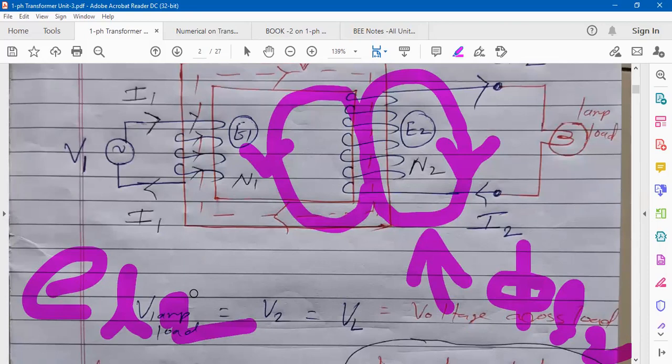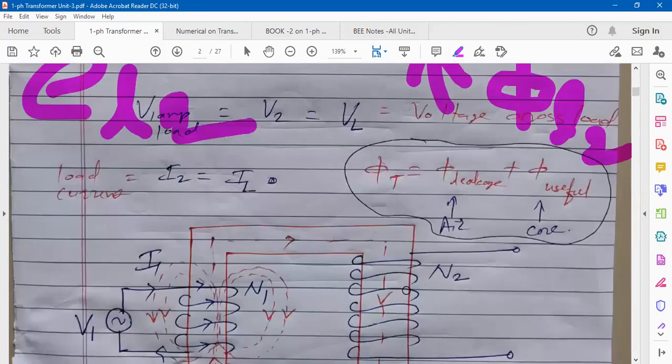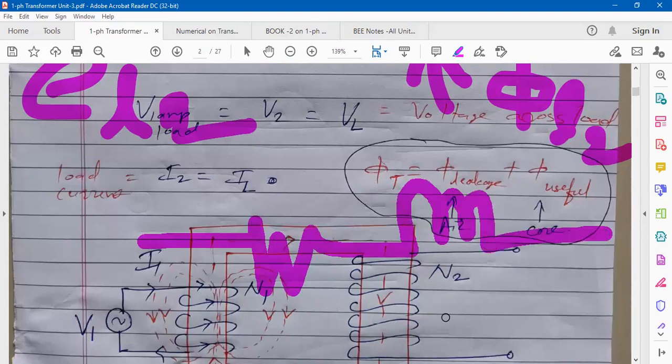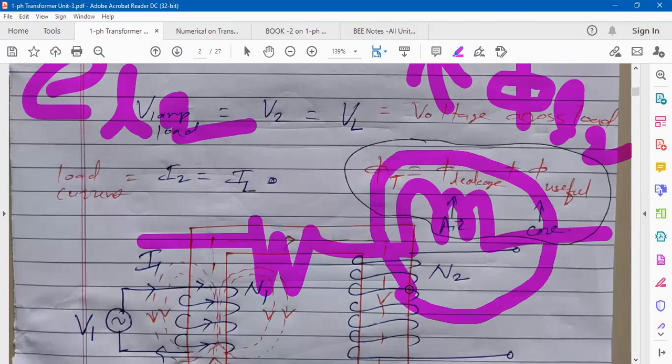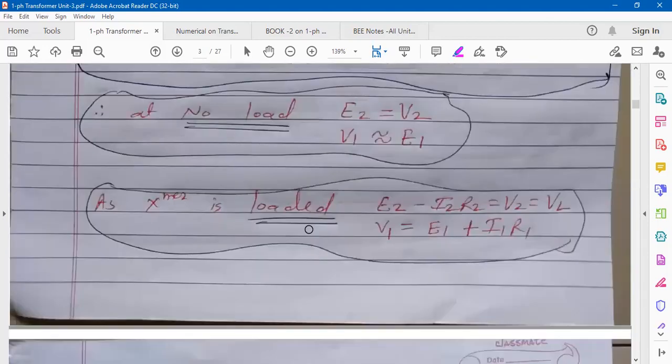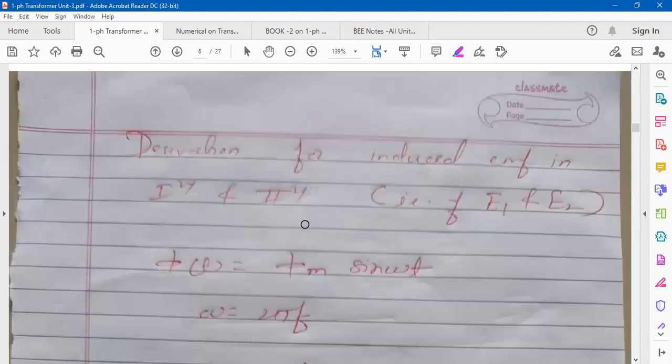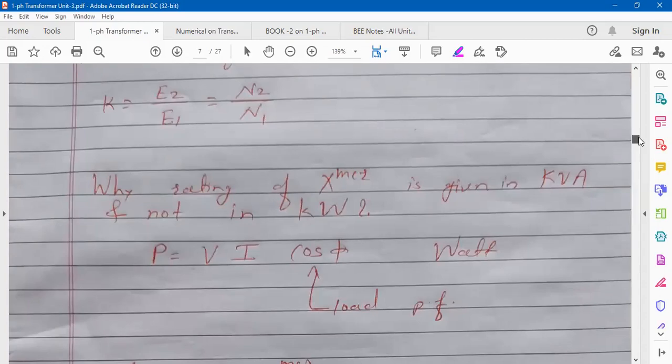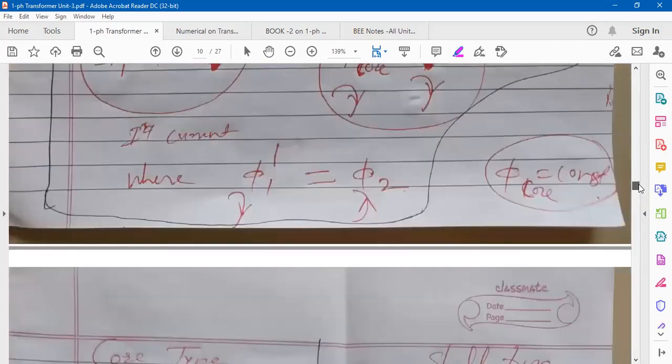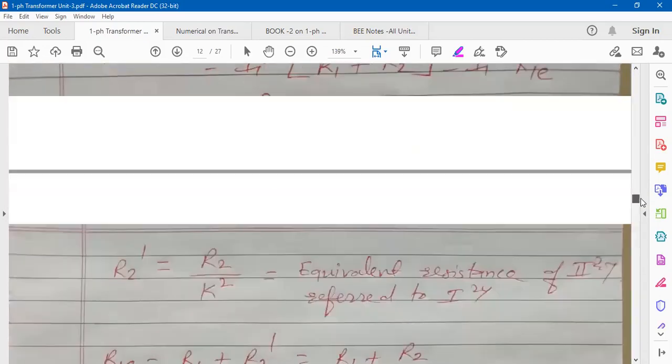So to consider this EL2, on the secondary side also, along with the resistance, leakage reactance is considered, and whatever is the voltage drop across this leakage reactance XL2 is equal to EL2. XL1 and XL2 in some books are marked as X1 and X2. So any of these symbols you can use.